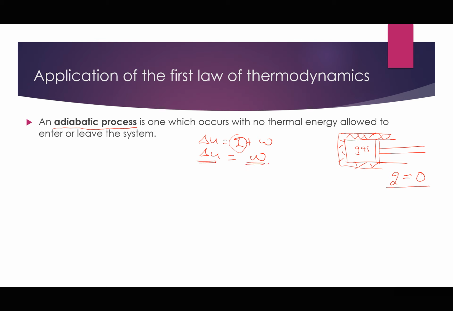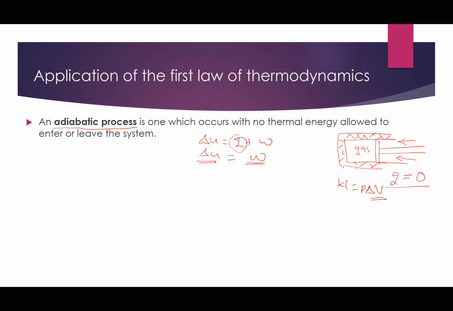Now here, it will depend on what is happening. Let's think of work being done on the gas by pushing the piston. Let's now push the piston inwards. Remember, work done is equal to pressure times the change in volume. Because the piston is moved inwards, the volume is decreasing, work is done on the gas.